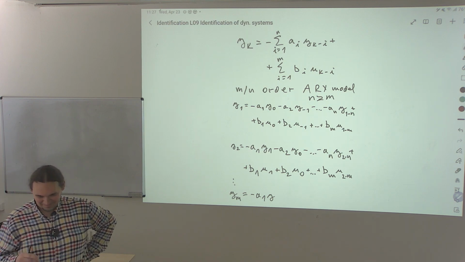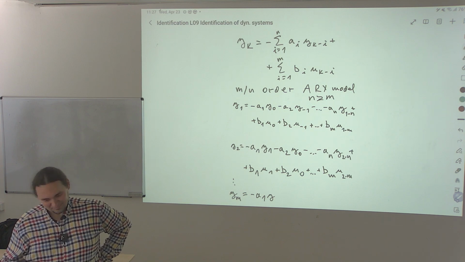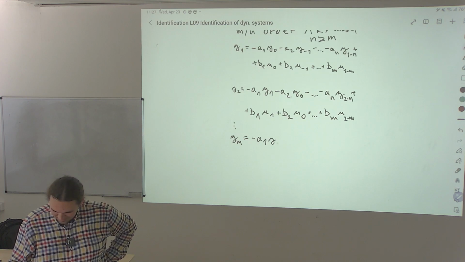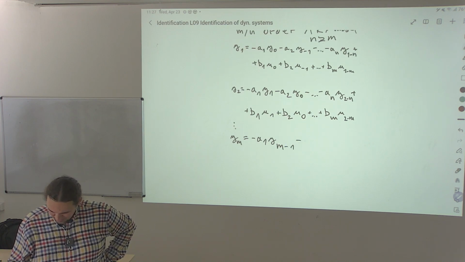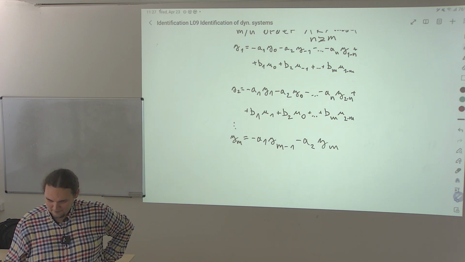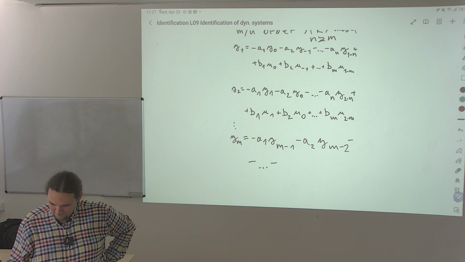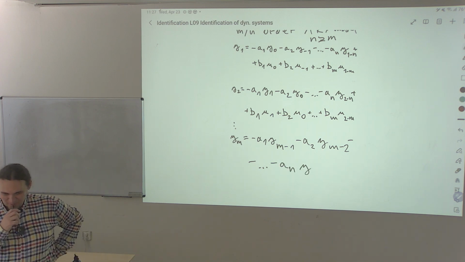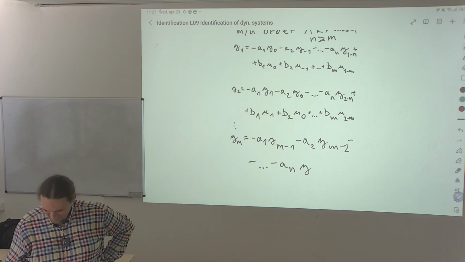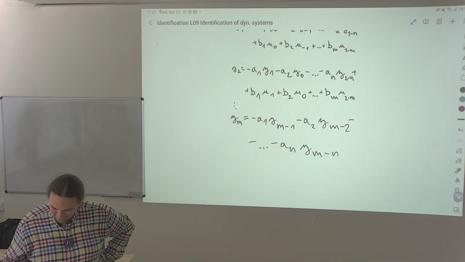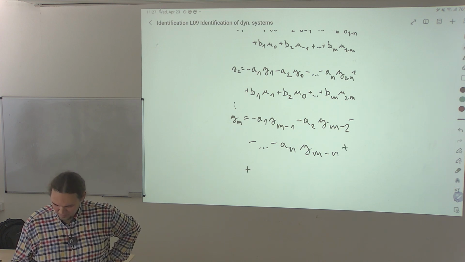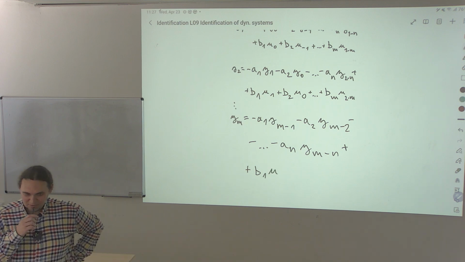I is 1 and k is m, so m minus 1. Minus 2. Now it becomes tricky. M minus n. What about use?